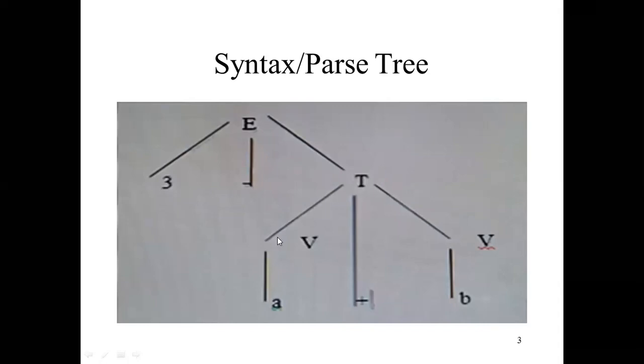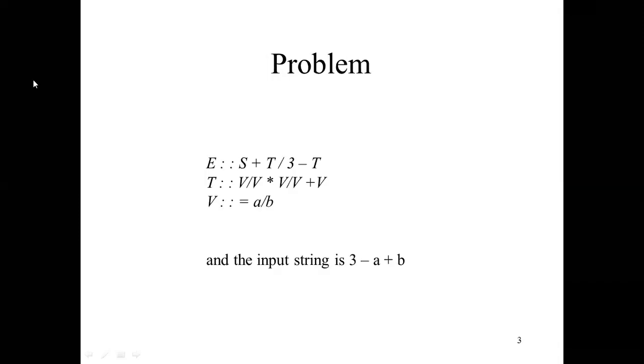For T, we can choose V, this V will come here, V and V, okay, V plus V. So this is the another option for the T. You can see here V plus V. Even though we have three choices here, V, V star V, V plus V, our input string does not contain any multiplication sign, okay. It has a plus sign, so we will choose only this option.